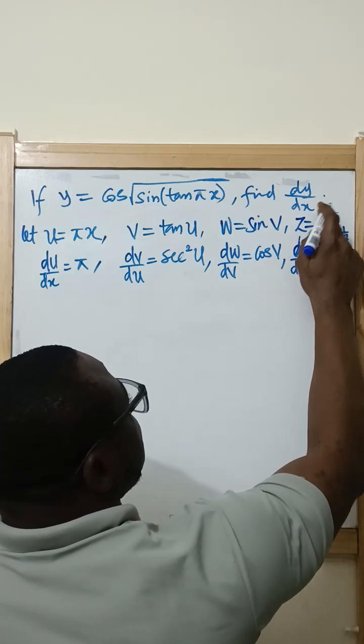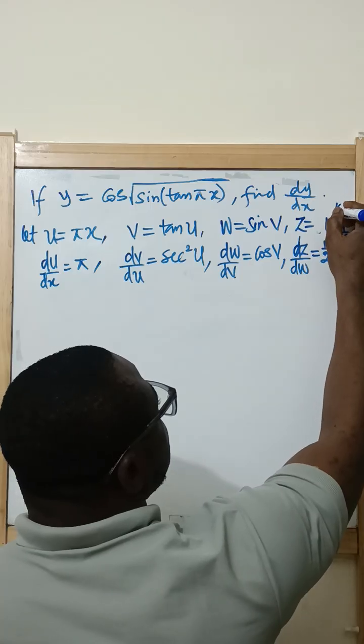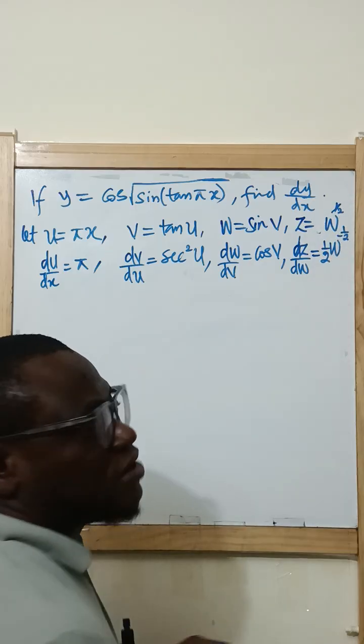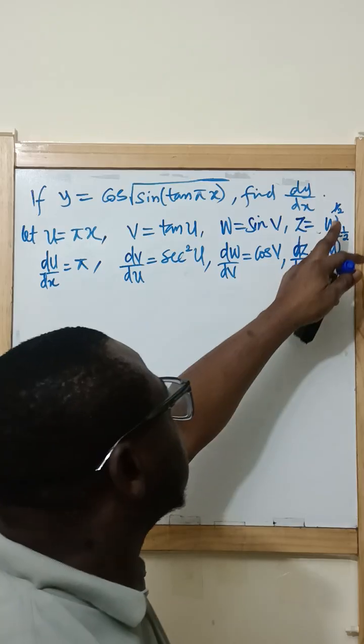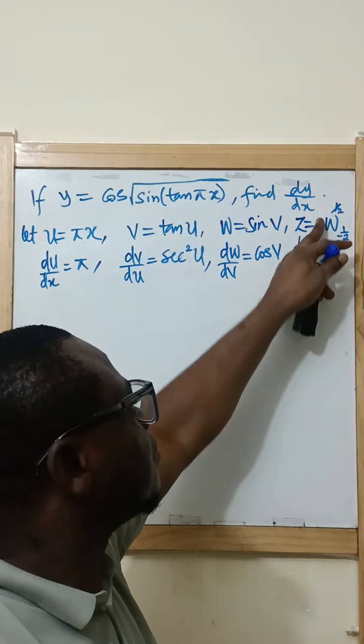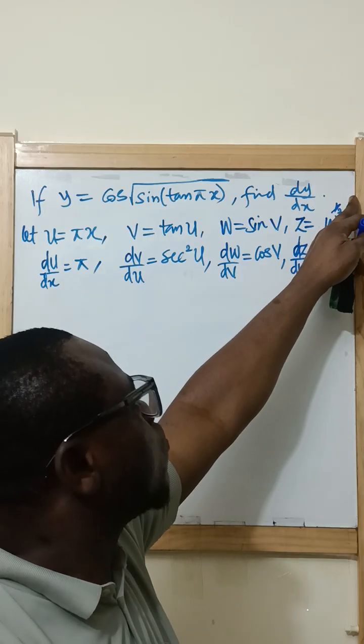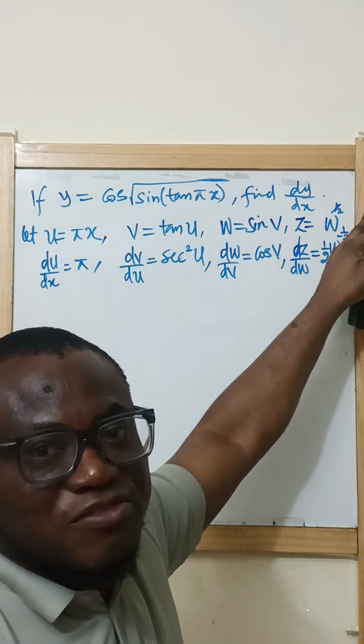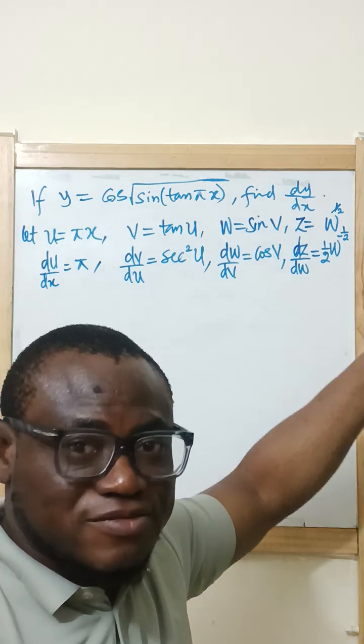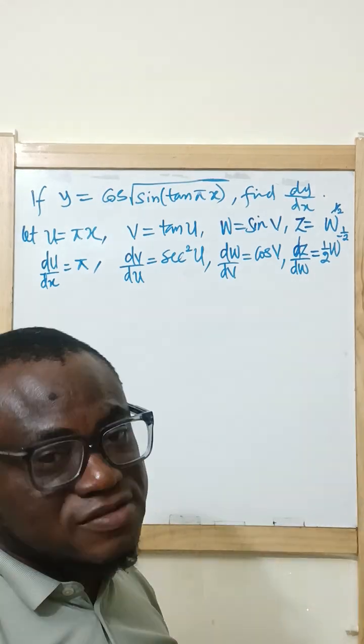This is w raised to power half, and if you differentiate, it's going to be half times the coefficient, which is half. Then we remove 1 from half, that is half minus 1, which is minus half.